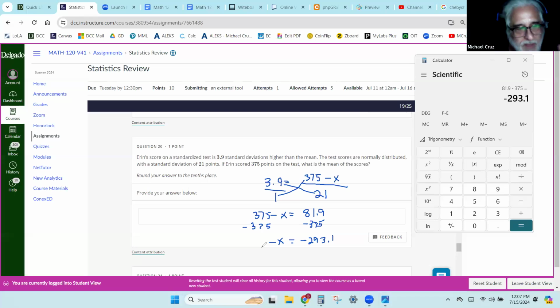And then multiplying both sides, we're just changing the negative sign. Makes both of them positive. So 293.1 would be what the mean is.